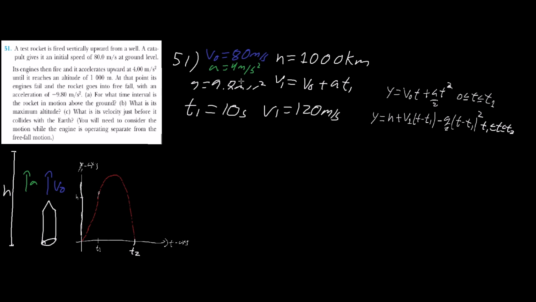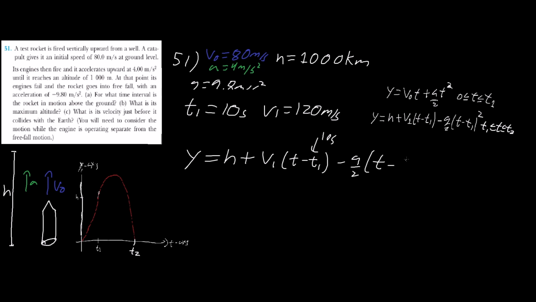And we're going to need that to get this other equation: y equals h plus the final velocity v1 times (t minus t1), and remember, folks, that t1 is 10 seconds, so t1 is already solved, minus g over 2 times (t minus t1) squared.